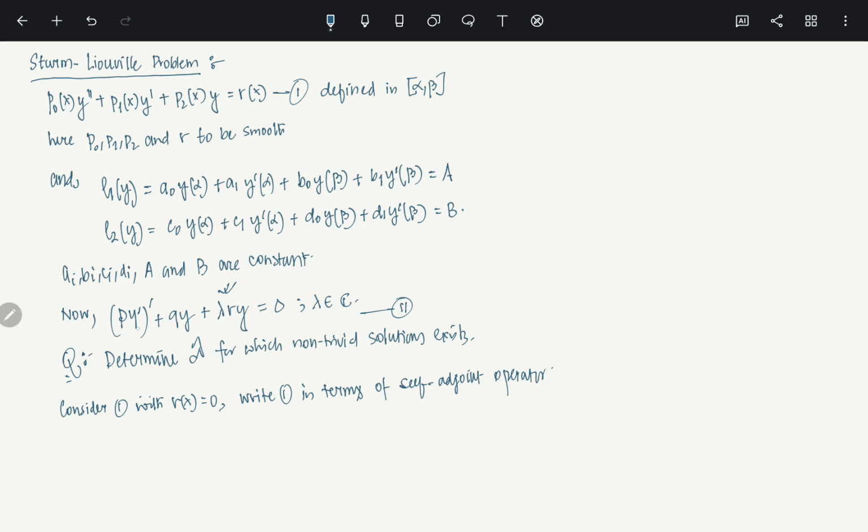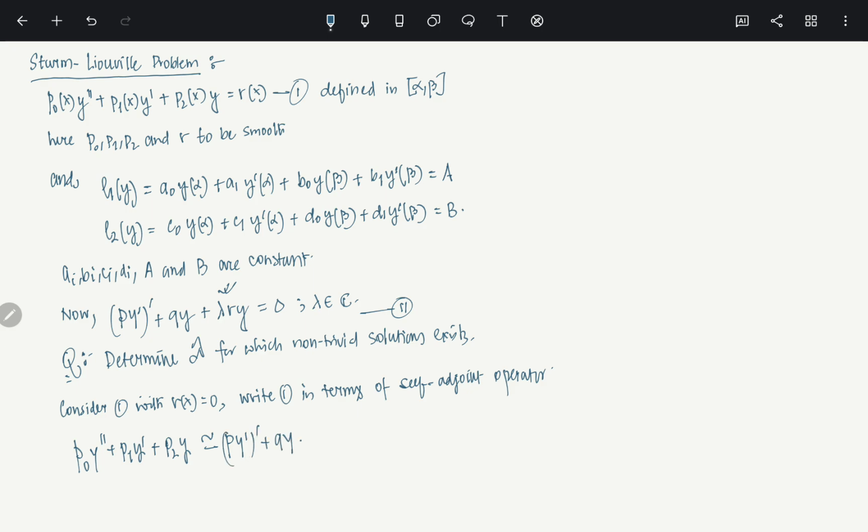Then it will look like this: py prime plus qy. This whole form, p naught y double prime plus p1 y prime plus p2 y, may be written as, we have seen, right? We can write it as (p y prime) prime plus qy.